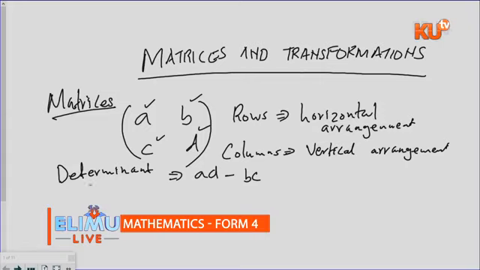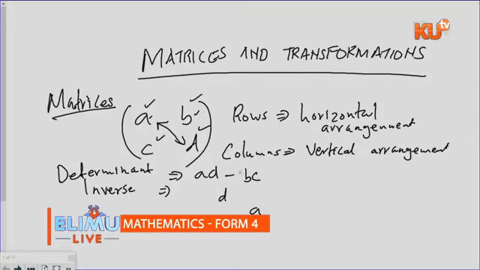Then again, we reviewed the inverse. In the inverse of a 2 by 2 matrix, you interchange the elements A and D, so they shift position. Where you have A, you put D, and where you have D, you put A. So you end up with a matrix D, A. Then for B and C, you change the sign.